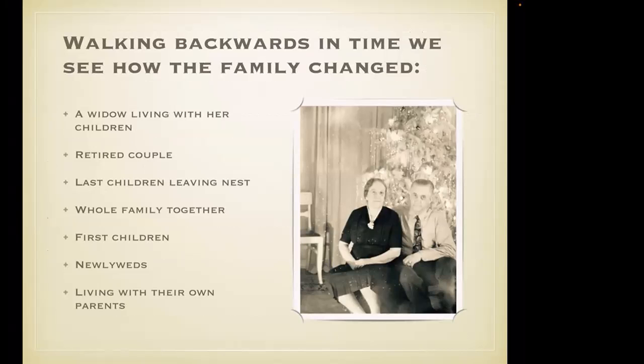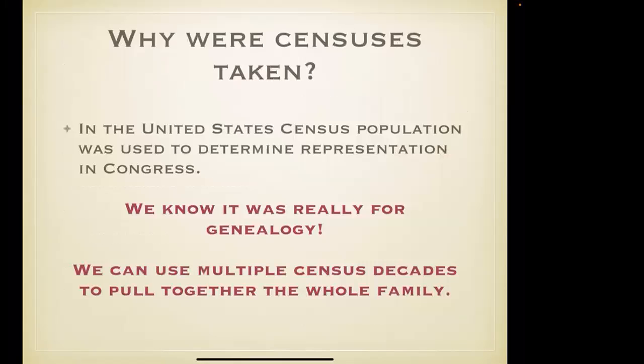A decade earlier might be just the first children or newlyweds. And prior to that, we may find our ancestors living with their own parents. So why were censuses taken? In the United States, census population is used to determine representation in Congress. That's the party line. We really know it was for genealogy. And we can use multiple census decades to pull together a whole family picture.